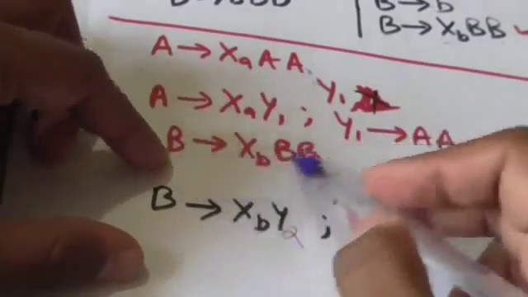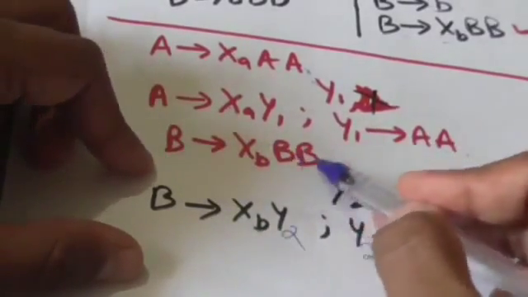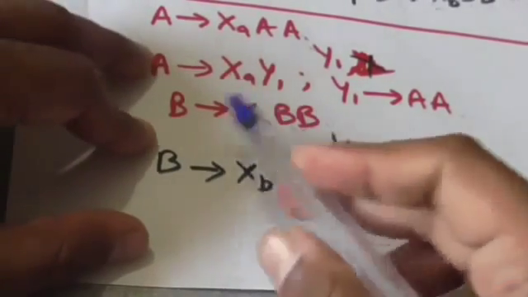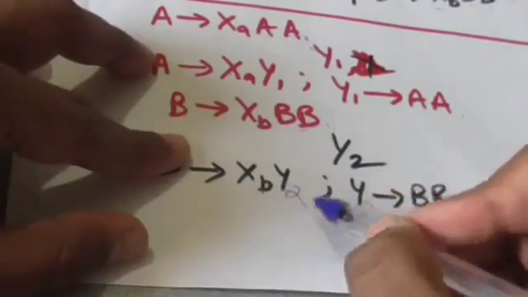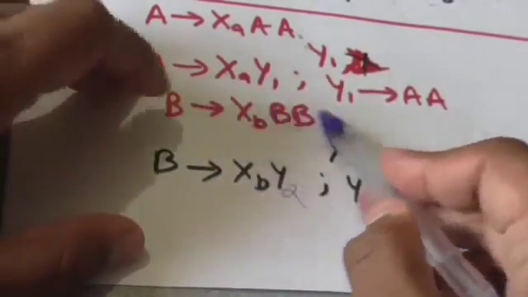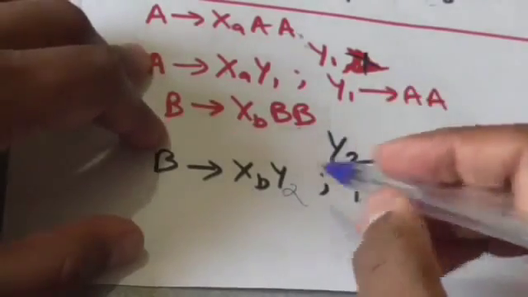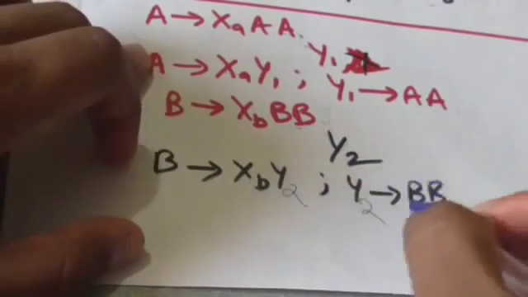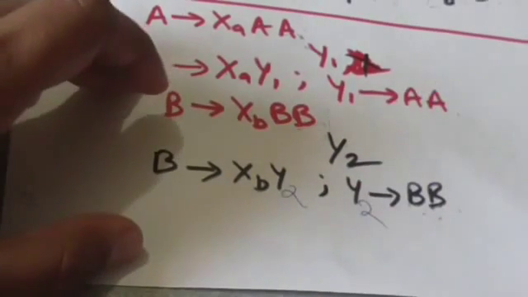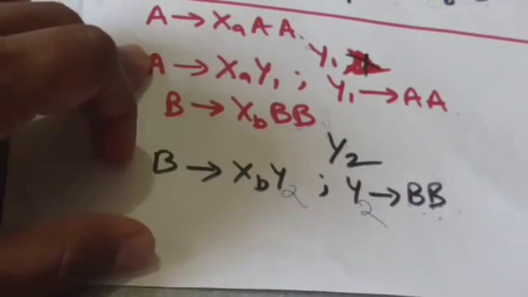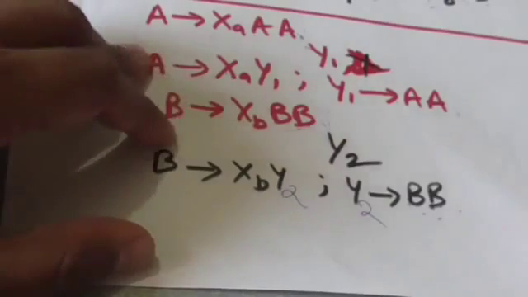And we will replace this production B derives XBPP by 2 productions: B derives XB y2 and y2 derives BP. This production will be removed from grammar G. In place of that, we will have 2 productions. Right? So after this third step, all productions in grammar G will be in Chomsky normal form.